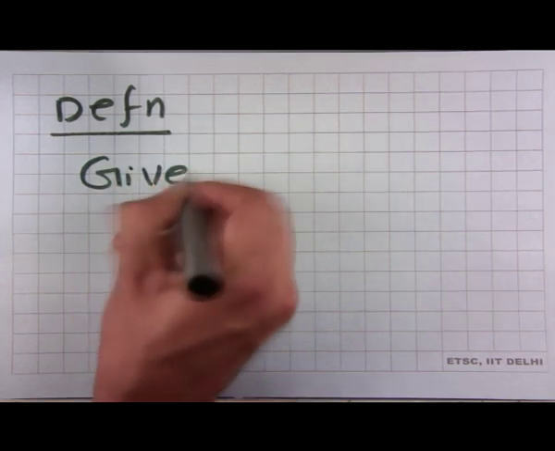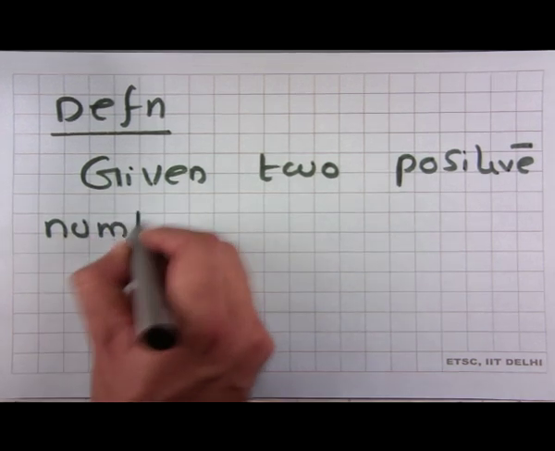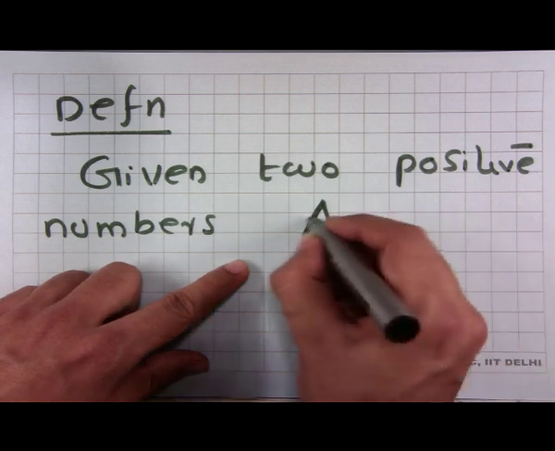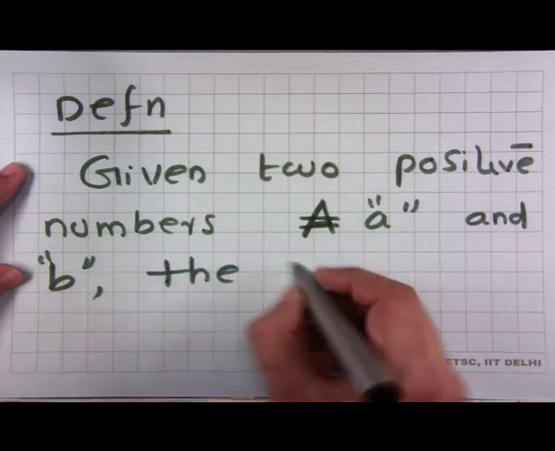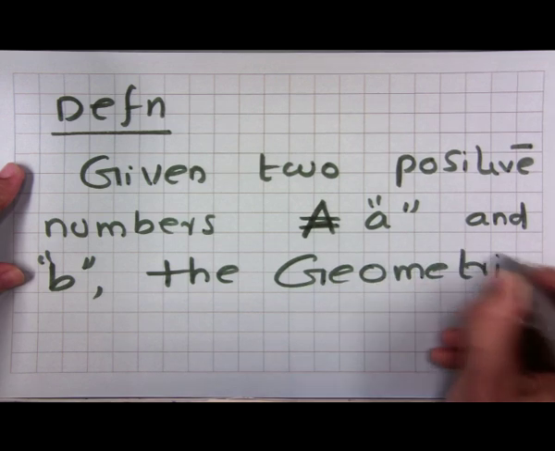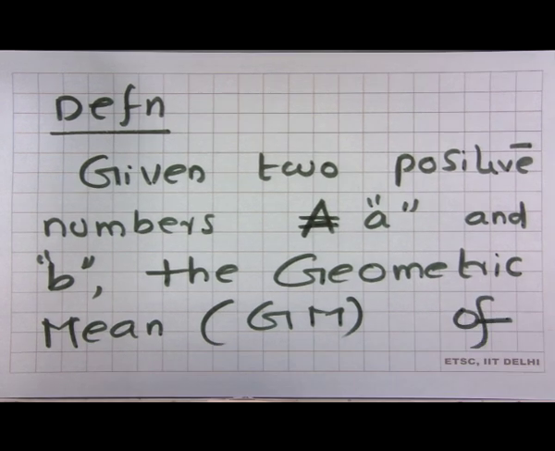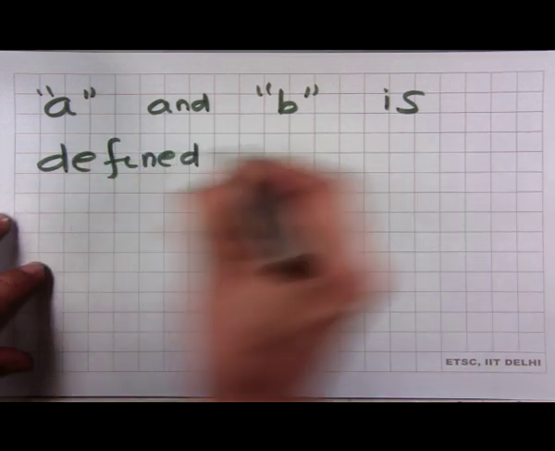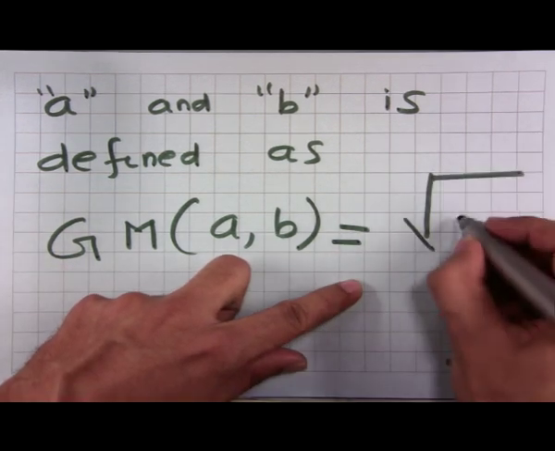Given two positive numbers capital A and B, let me write small a and small p, the geometric mean, GM for short, of A and B is defined as GM of A and B is equal to root of AB.